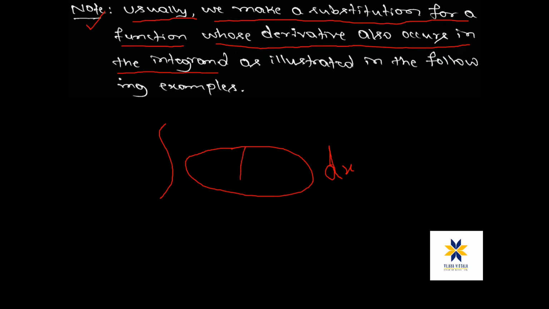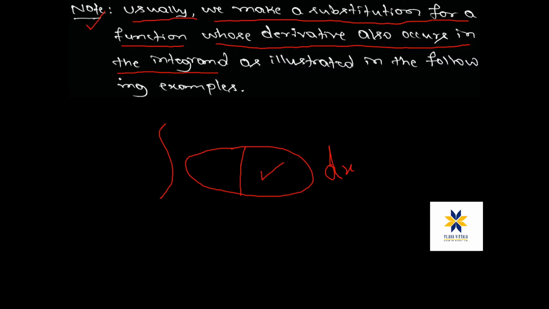Now we need to take the selection for the substitution. Suppose you have taken this part of the function for the substitution, then its derivative will be the other part.